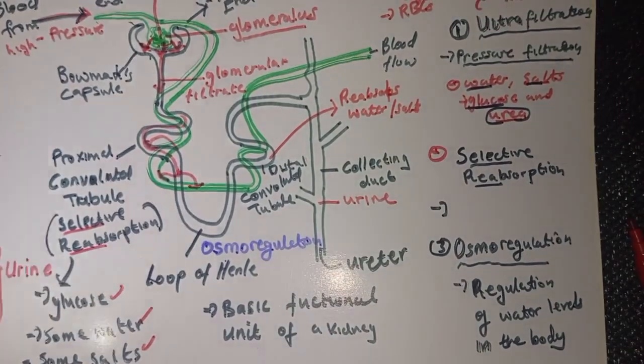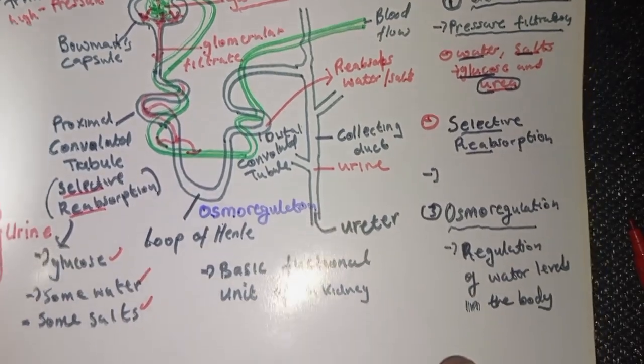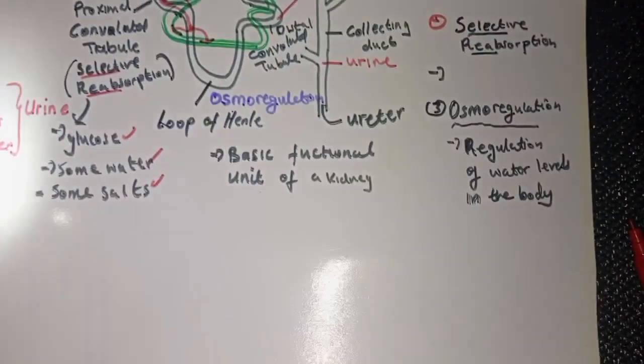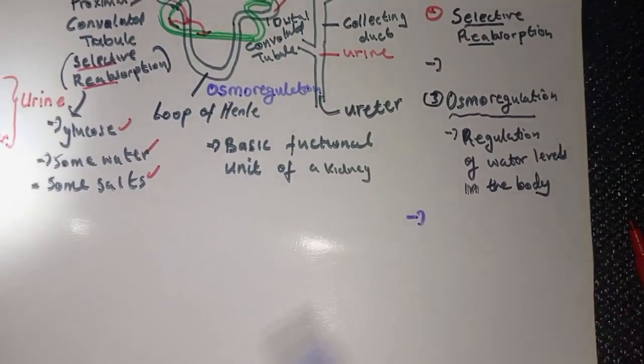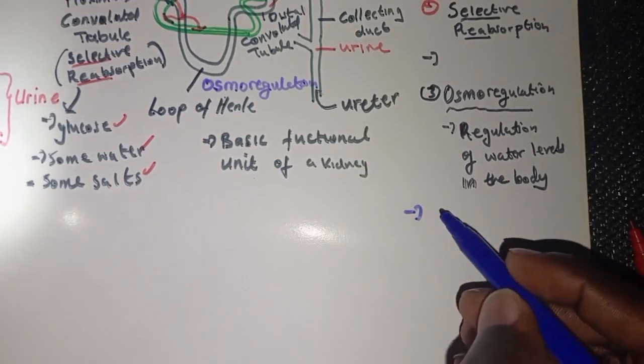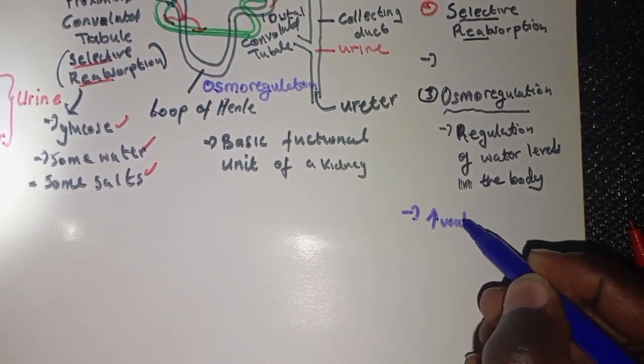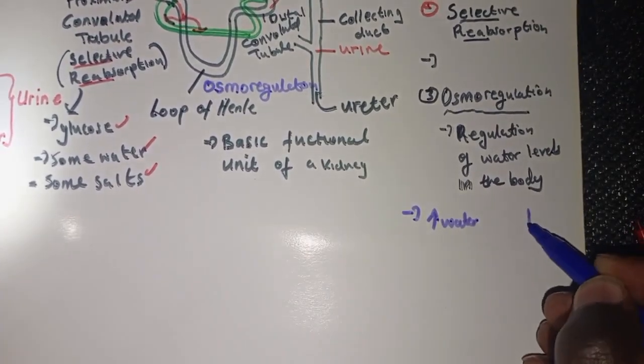Henle. So it's important to know where. So now let's talk about this osmoregulation just a bit in detail. It controls water levels. So there are two things you need to know: when water levels are high and when water levels are low.